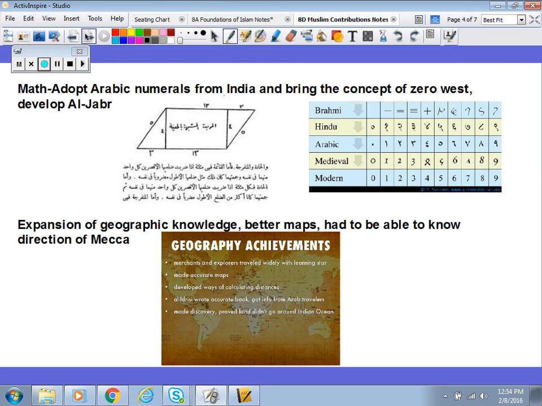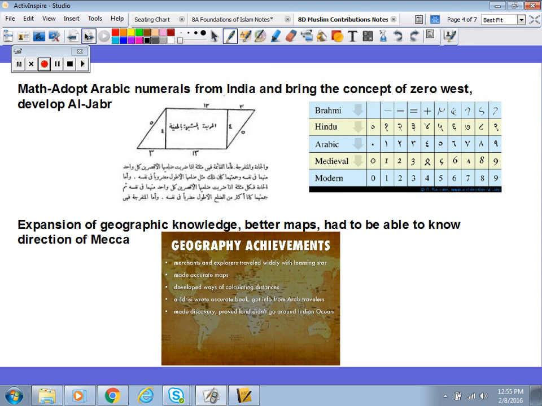Okay, moving on. Math. They're going to adopt what are known as Arabic numerals from India, and they bring the concept of zero west. Remember, we talked about the Gupta Indians. The Gupta Indians during the late Roman Empire had figured out the concept of the number zero. They hadn't really spread it a whole lot, but they had figured it out.